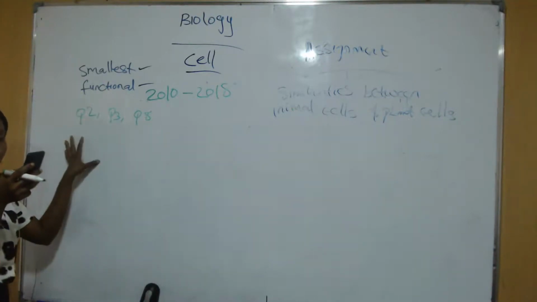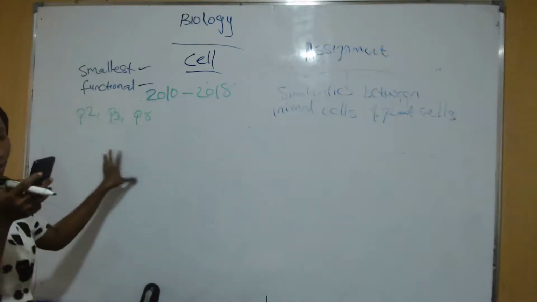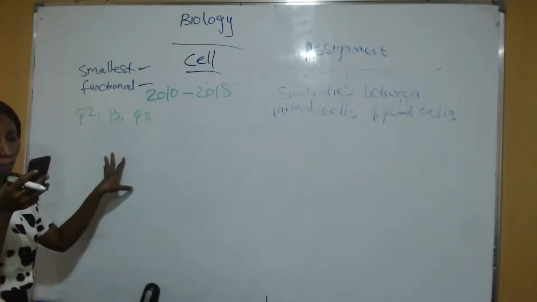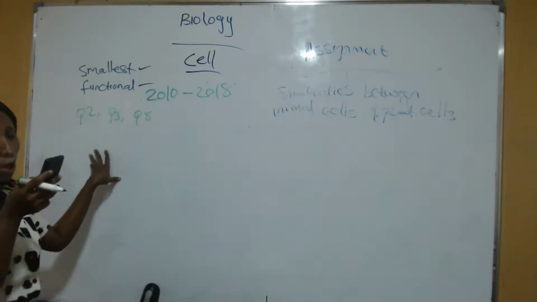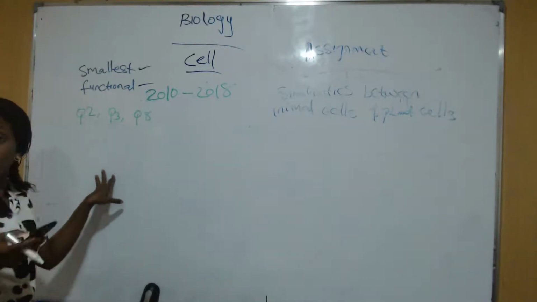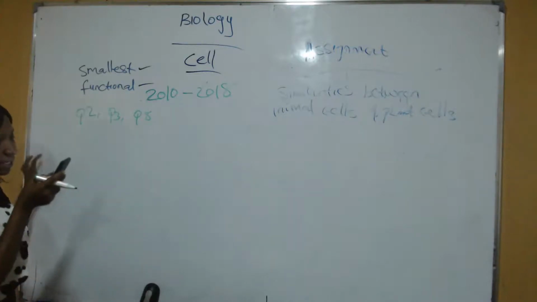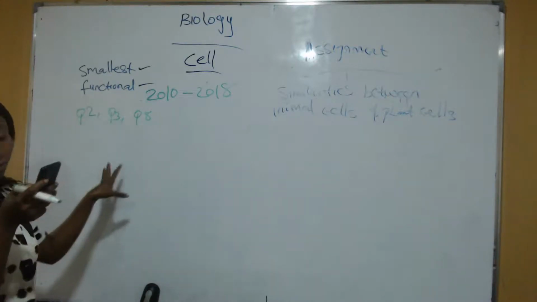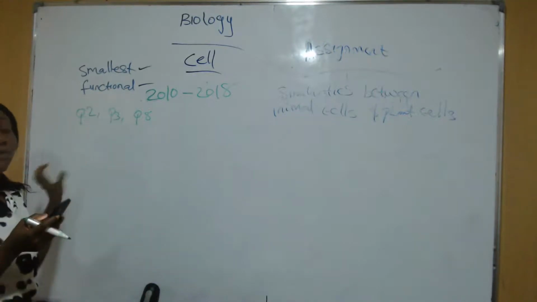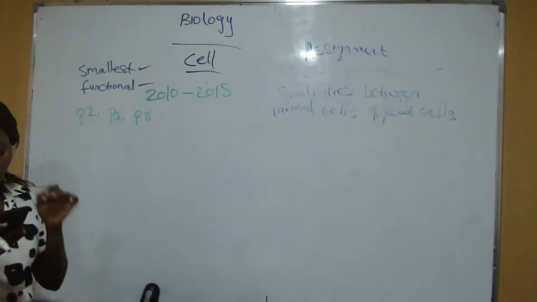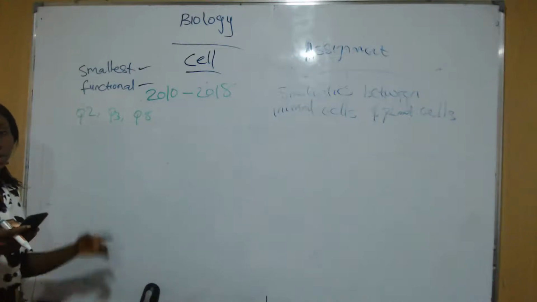That is true. B, it translates genetic information for the manufacture of proteins. That is true. C, it stores and carries hereditary information, which is also true. And D says it is the reservoir of energy for the cell. That is not true. The mitochondrion is the reservoir of energy for the cell, not the nucleus. So that is the answer.